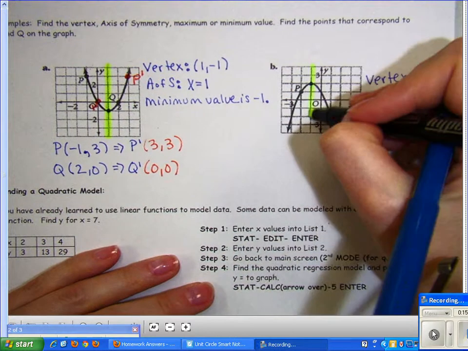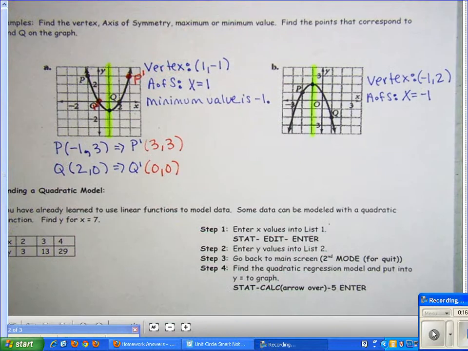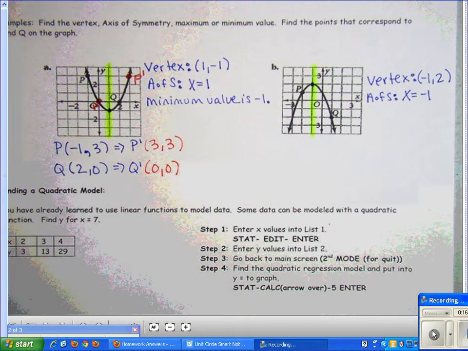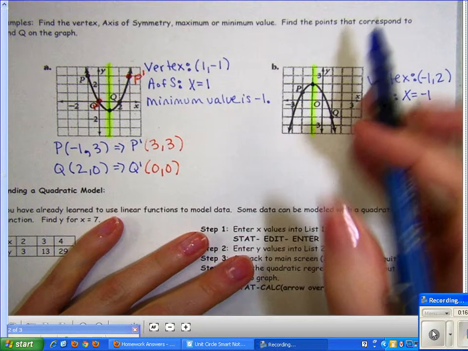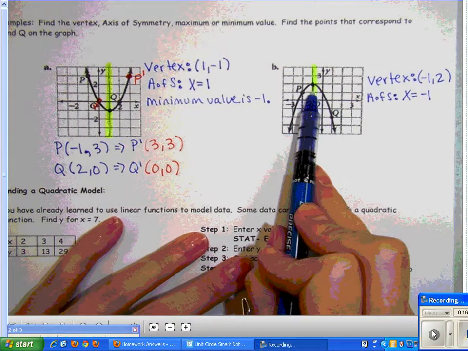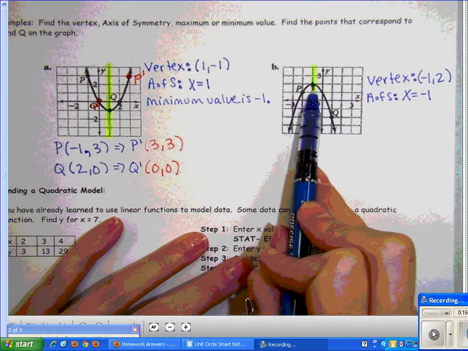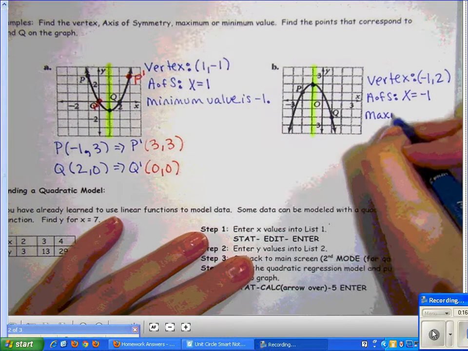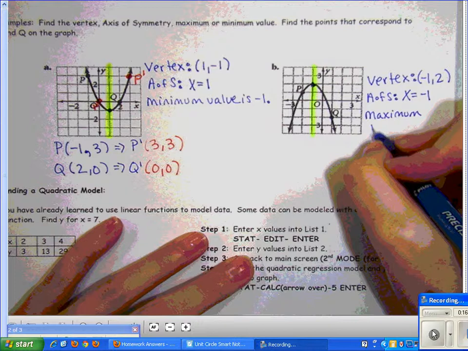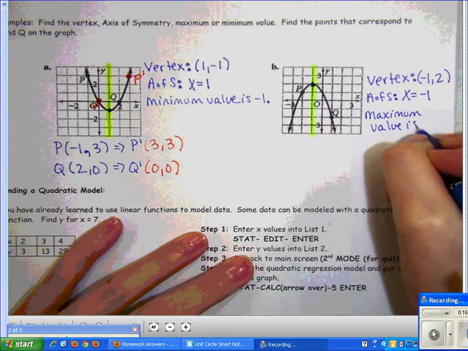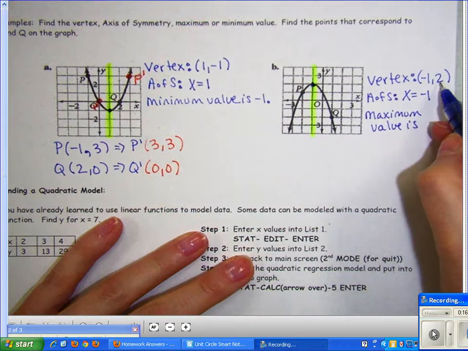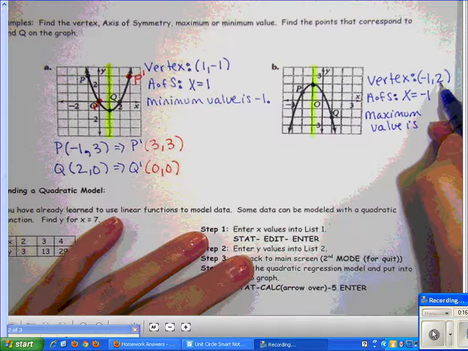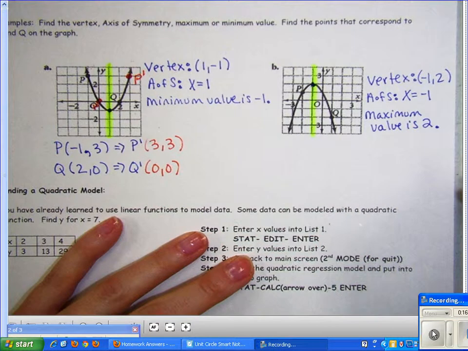So when I fold my graph in half on that line, it matches up to the other side of the parabola. My vertex here is the highest point on the graph compared to the points around it, so that's a maximum. So the maximum value is 2 because that's the y-coordinate of my vertex.